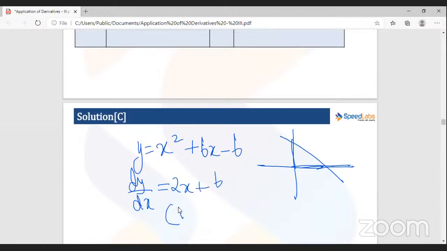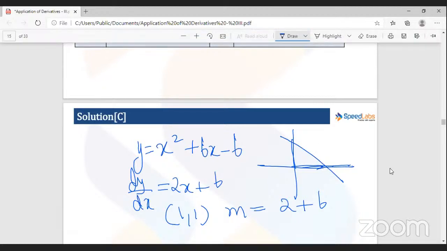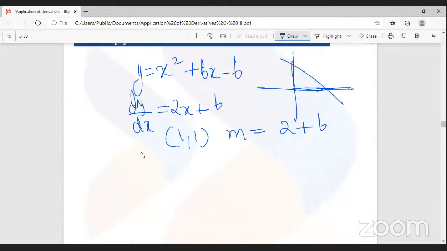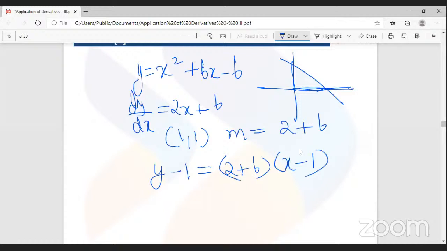Now the point is given at (1, 1). So the slope here is 2 plus b. Okay. Now we know the point, we know the slope. So by the point slope form, we can write the equation of the line. So y minus y1 equal to (2 plus b) into (x minus 1).